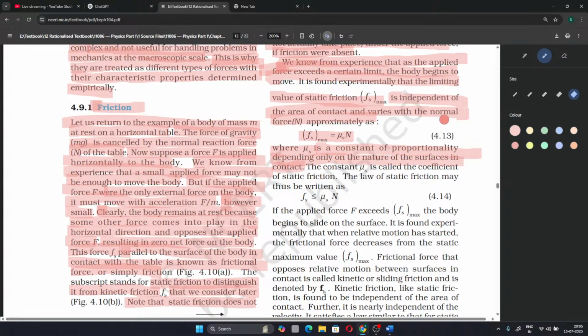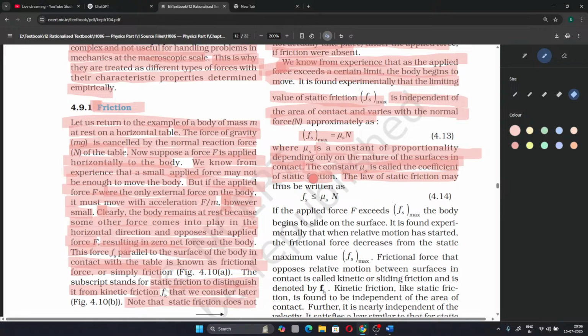We know that the friction in the case of ice and a normal rough tar road will be different. That is what they mean by nature of surfaces. The constant mu s is called the coefficient of static friction.